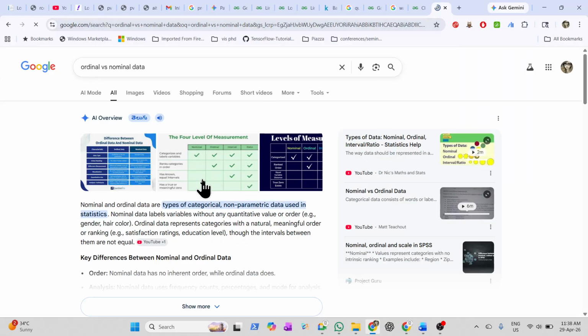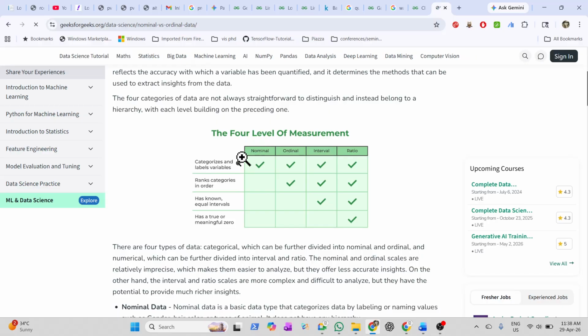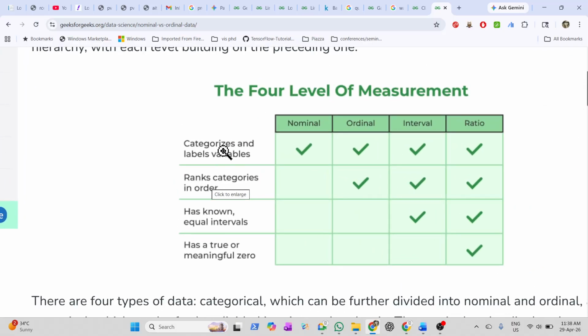Data types are so many, there are different types of data. Here we have 4 levels of measurement. What are the levels of measurement? Nominal, ordinal, interval, ratio. This categorizes and labels variables, meaning we have categories and labels for the variables in all 4 types.